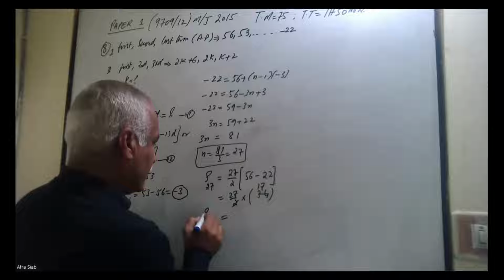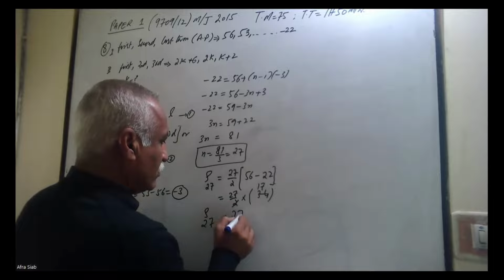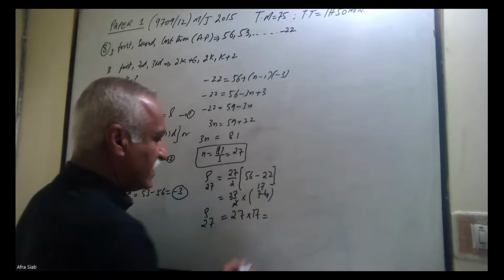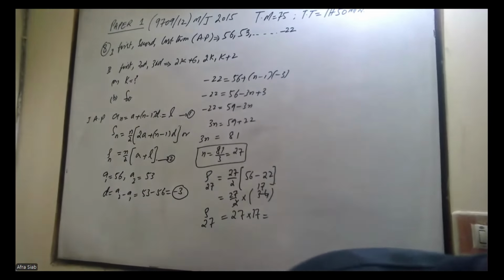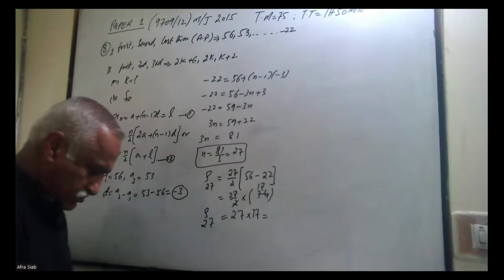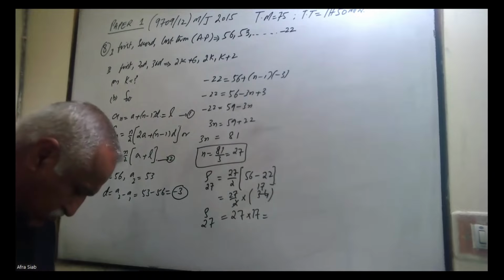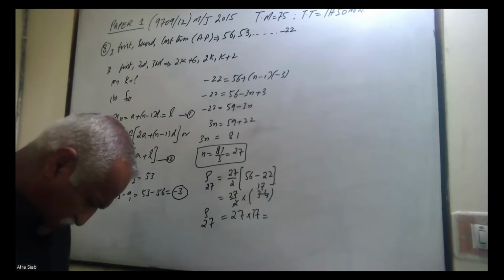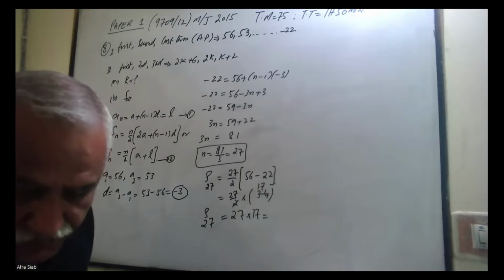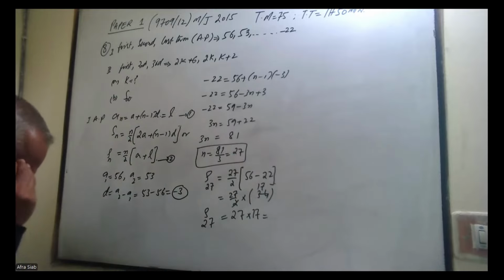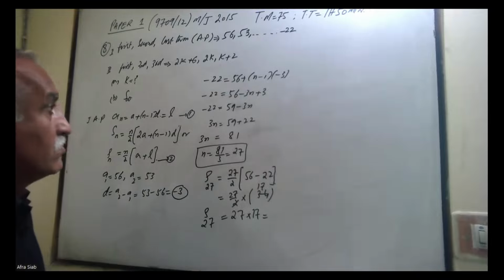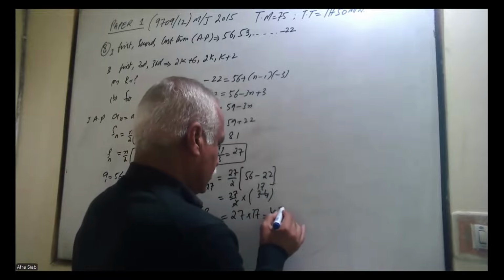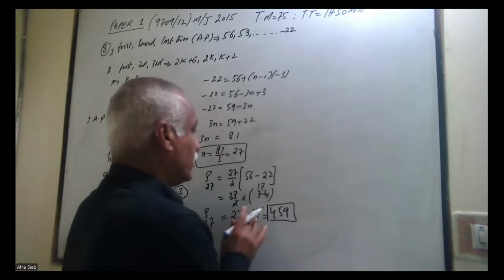So the sum of 27 terms is equal to 27 into 17, and that is equal to 459. So this is the answer to the first part.